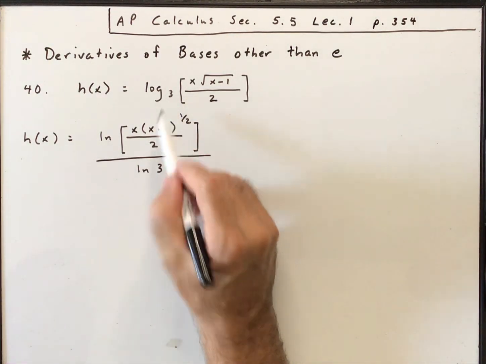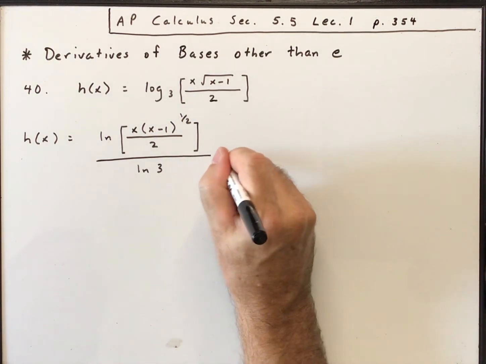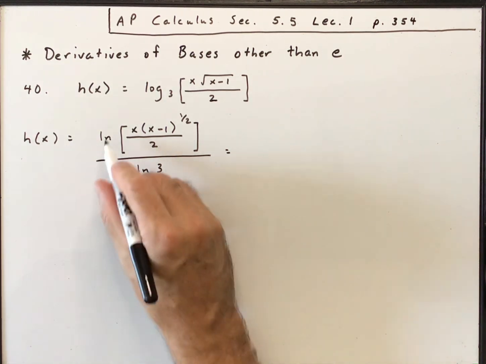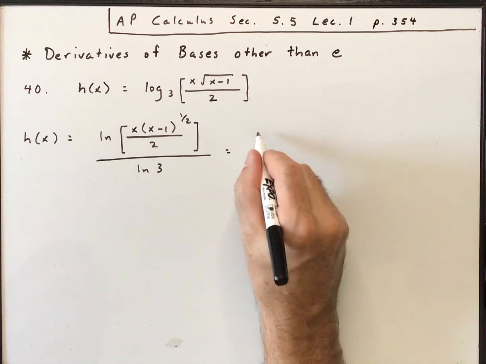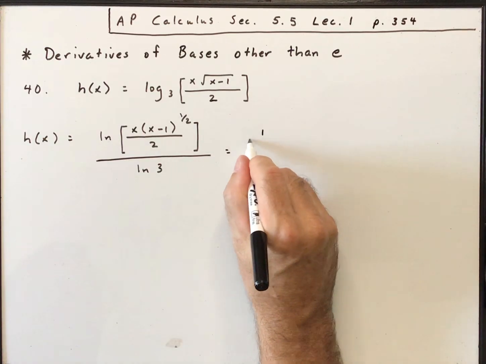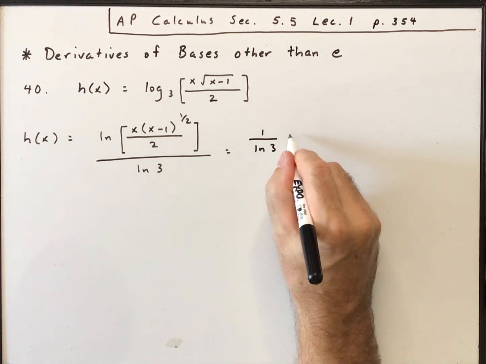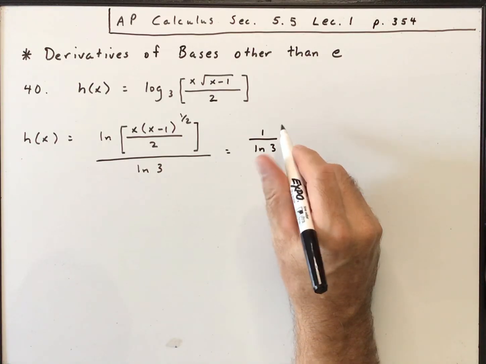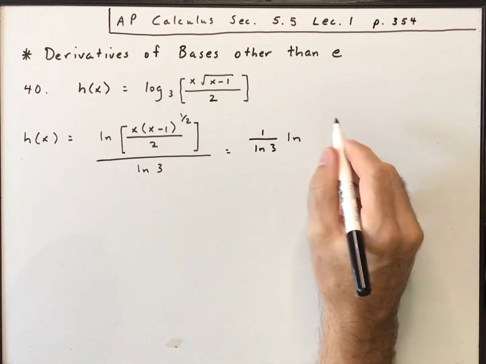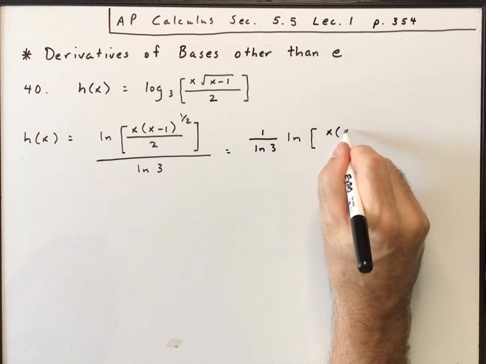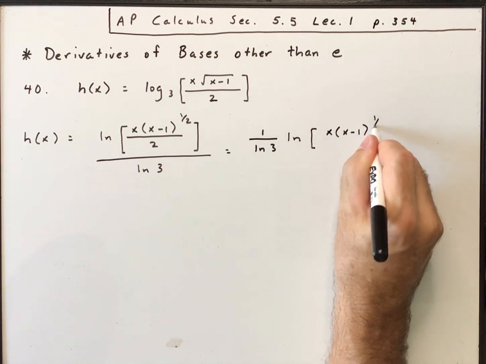Okay, so we've got this 3 here to deal with. Now I'm going to bring 1 over natural log of 3 out front, and then multiply that times the natural log of x times (x minus 1) to the 1/2 over 2.